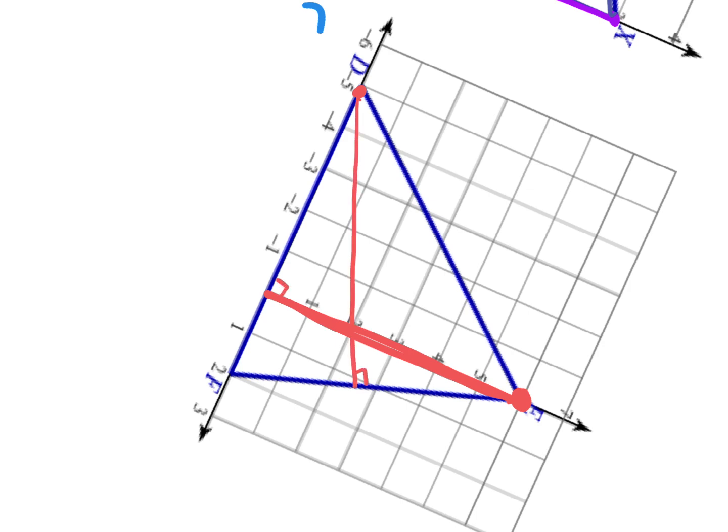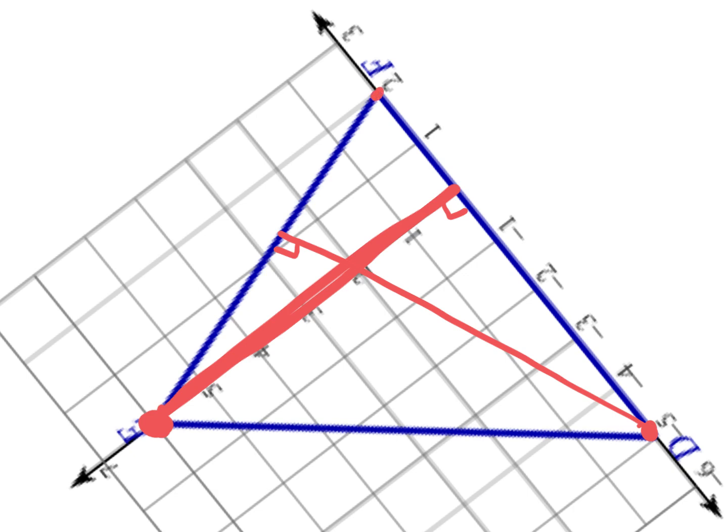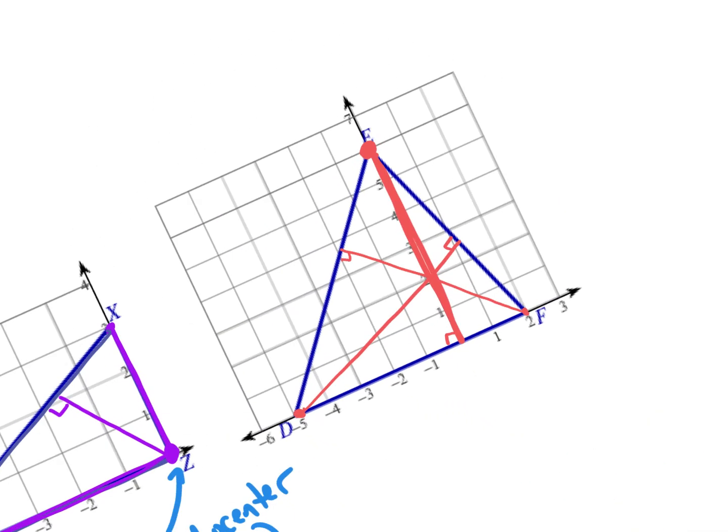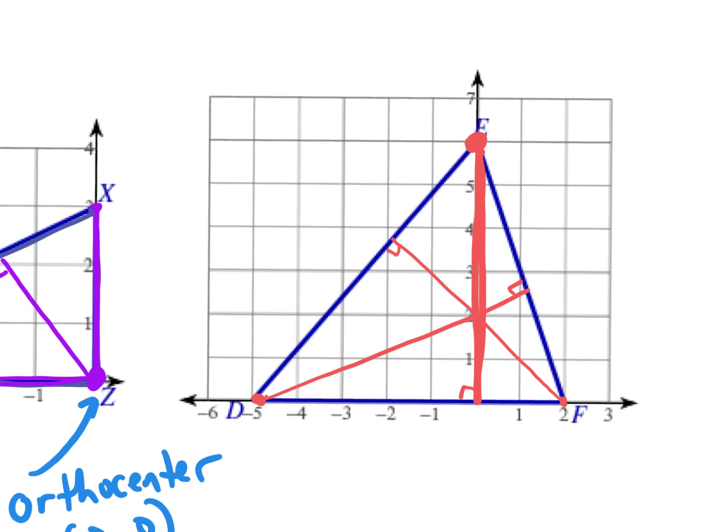These are perpendicular, hopefully. And then I rotate again, and I go from F perpendicular to the other side. So those are my three altitudes, each going from the opposite vertex to the side, perpendicular.